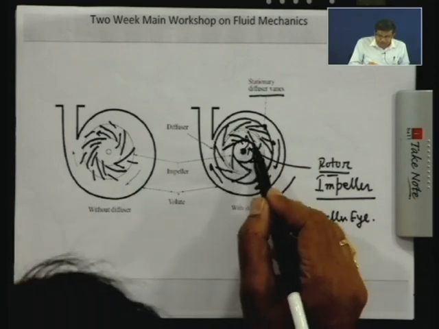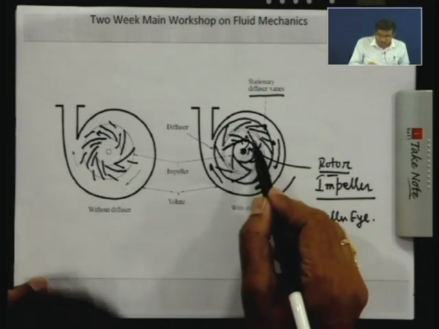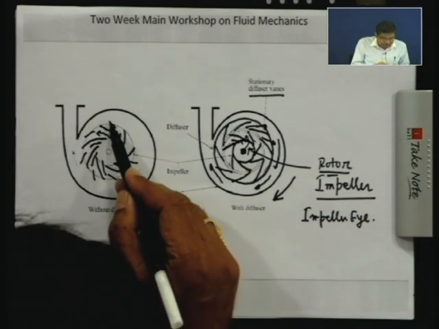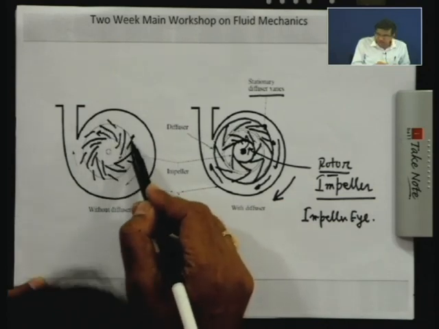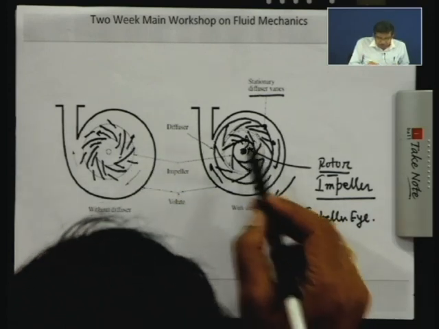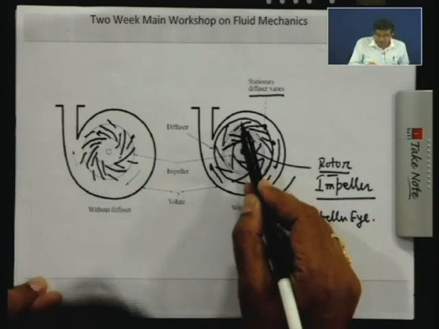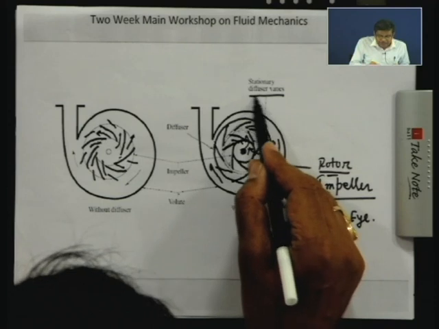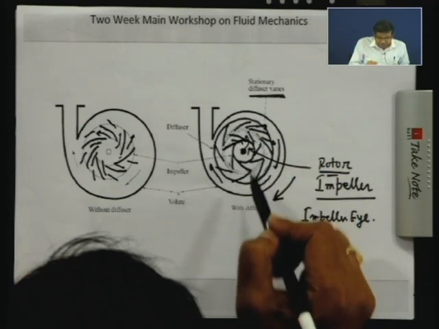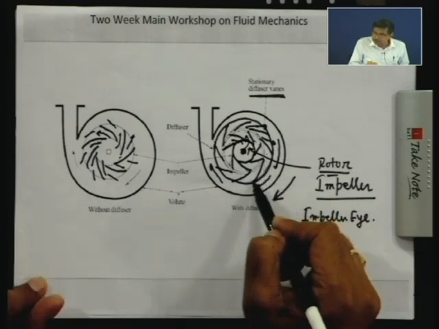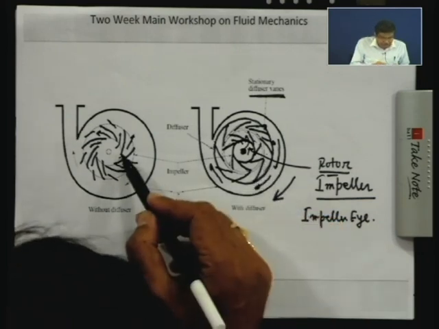It imparts kinetic energy of its moving part to the fluid, so the fluid gains kinetic energy, and at the same time the pressure is increased because it flows through a divergent stationary duct, and that is why it is known as stationary diffuser vane, because these passages created by the stationary blades or vanes act as a diffuser.